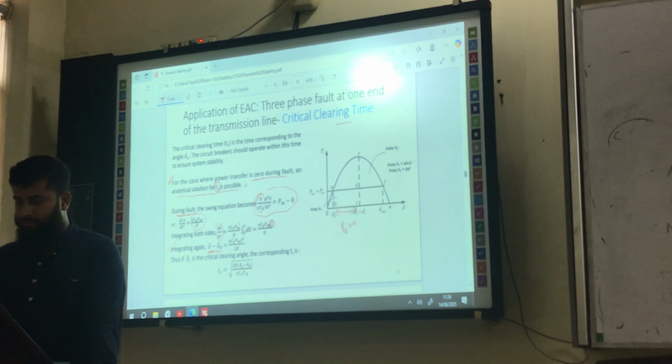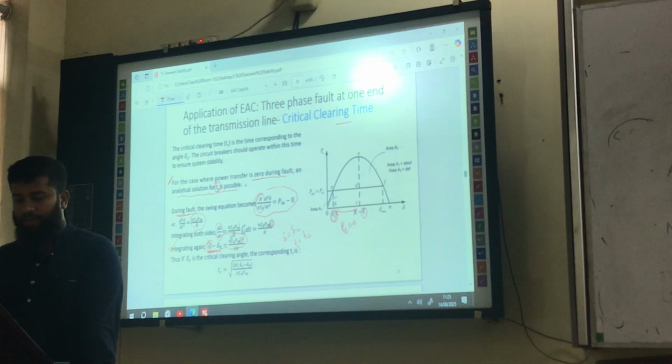Now this delta, we can replace it with delta c, and at that time, this time will be tc. So this is the expression. This delta can take any value, as well as this t can take any value, but this delta naught is fixed. So if this delta is delta c, the time that is required to reach it is actually tc, the critical clearing time.